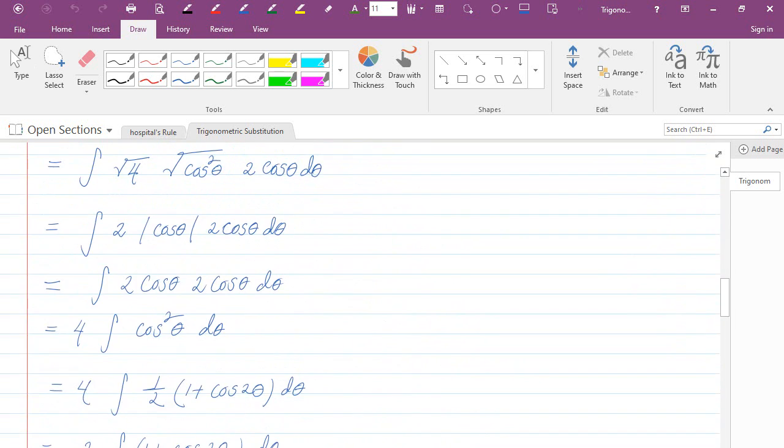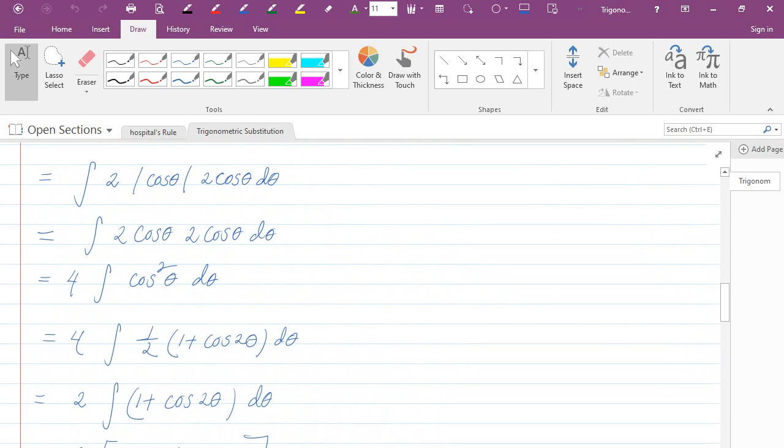As a result, the absolute value of cosine theta is just the same as cosine theta because cosine theta is non-negative here. And so now we get 2 times 2 is 4, which I'm going to take outside of the integral, and then we get cosine squared of theta.